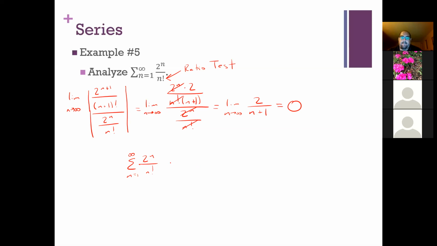It would converge absolutely. Yep, it converges absolutely, and that is all because my limit is less than 1.